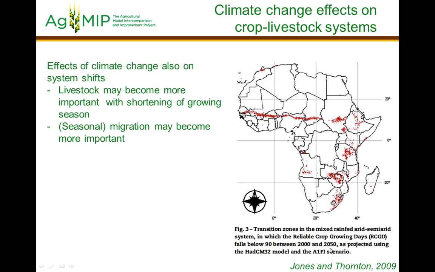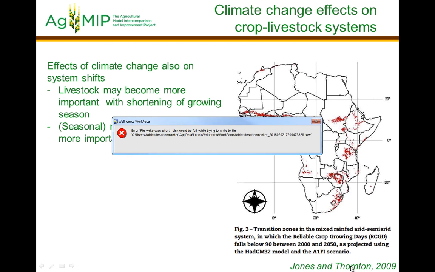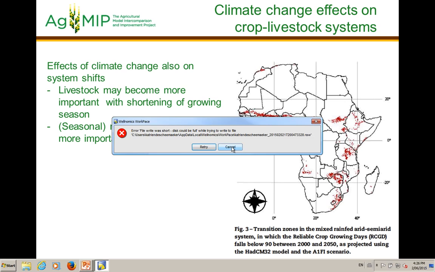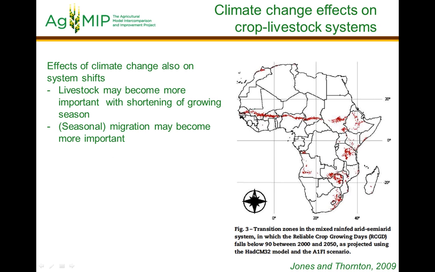Now, apart from effects of climate change on the system, we might also see system shifts, and that has been described very nicely in this paper by Jones and Thornton, where they showed the zones here in red, they mapped the zones where the growing degree days might fall below 90 days.